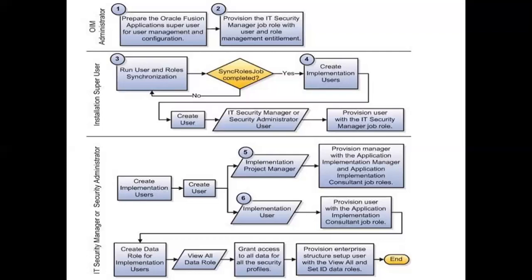You first create the enterprise structure, and then you create offerings. You install the offerings your client wants, like the financial offering, so they will ask for general ledger, accounts payable and accounts receivable, everything. This is all the implementation part of it.